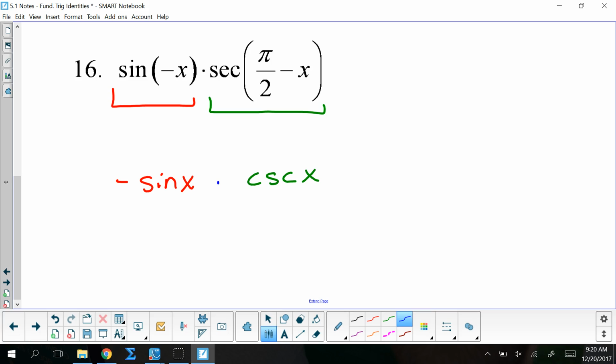What would you do next? Make cosecant into, break it down into what? Into 1 over sine of x.